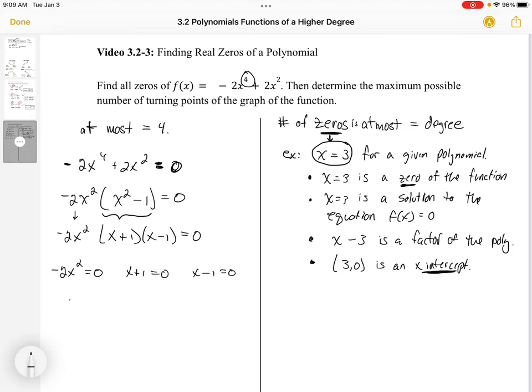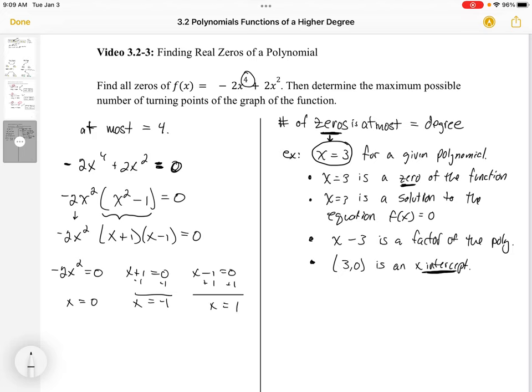So this first equation, x is going to be equal to 0. You could go through the steps of that, but it's pretty obvious that x has to be 0 there. I'm going to subtract 1 on both sides, so x is equal to -1. And then I'm going to add 1 to both sides here, so x is equal to 1.